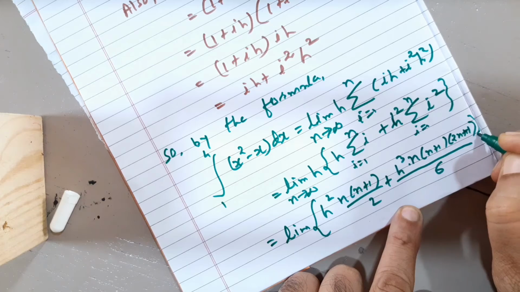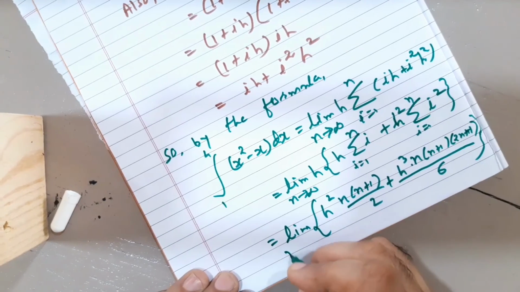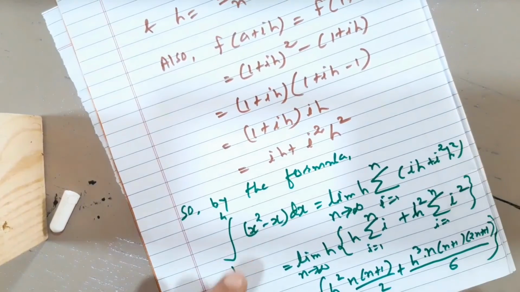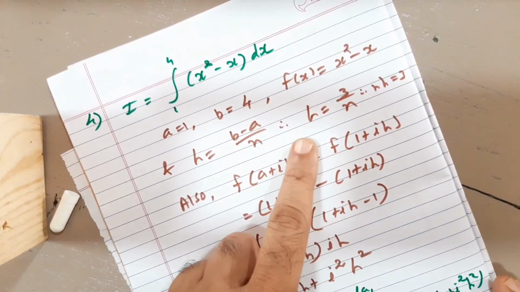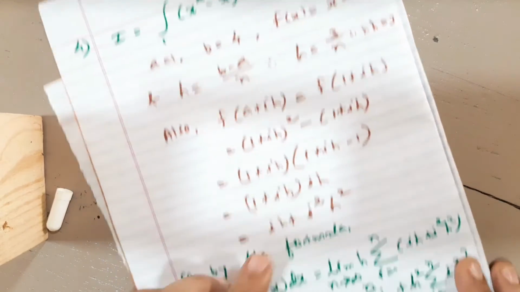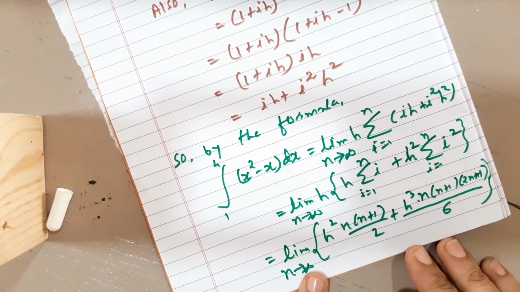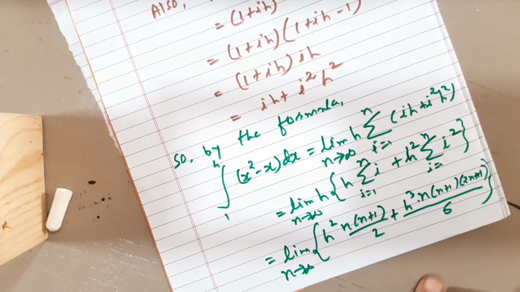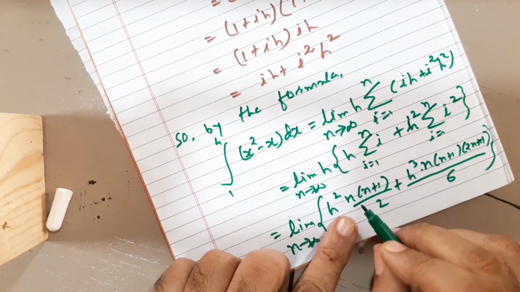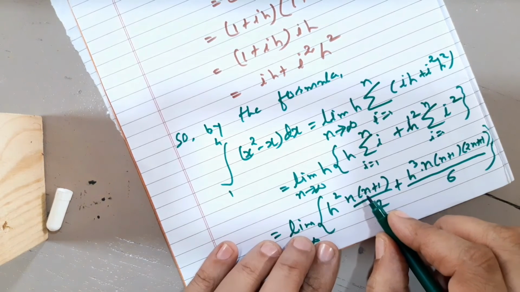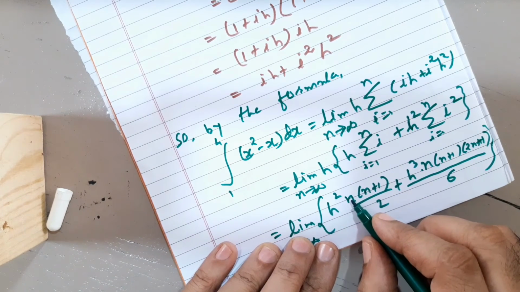Now you have to simplify it, and you know friends, now you have nh equal to 3, and also n tends to infinity, so 1 upon n tends to 0, isn't it? So here again we will bring the same 1 upon n, and see what happens. First I speak it out and then I write it on the next page. See, n common here, so h square n square into 1 plus 1 upon n.